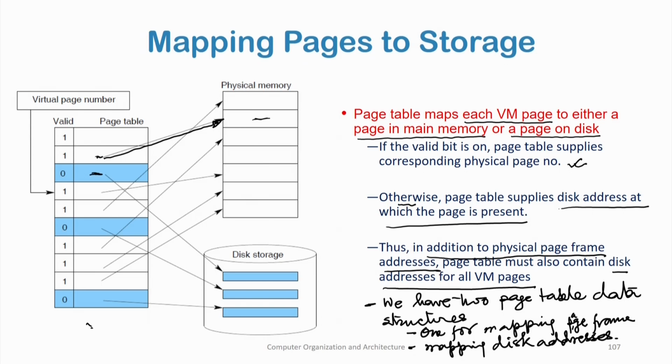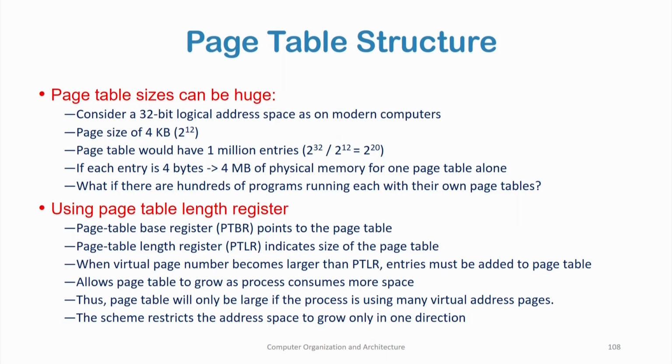So, for all pages in virtual memory corresponding to a process, I have a data structure which maps where each of these virtual pages is stored in the secondary storage. So, the page is either in physical memory or in the disk storage. Now, we will do a discussion on the structure of a page table.